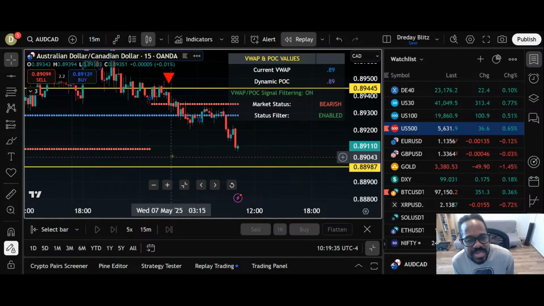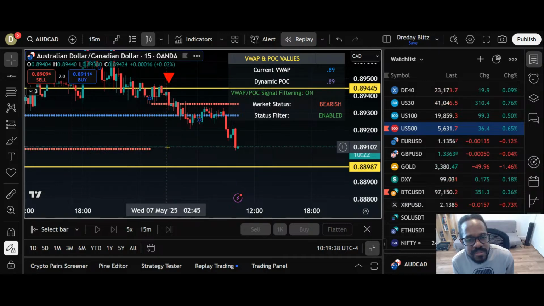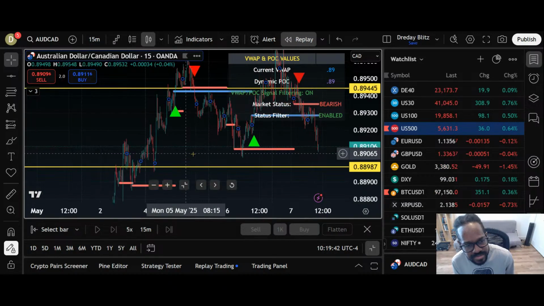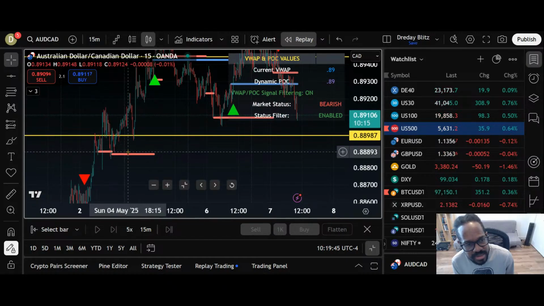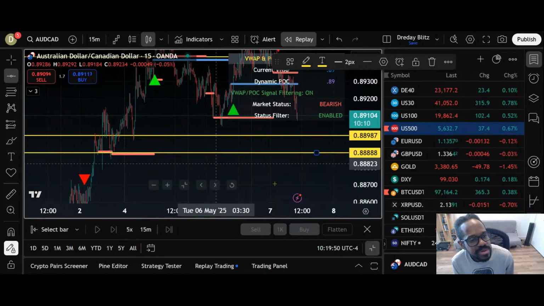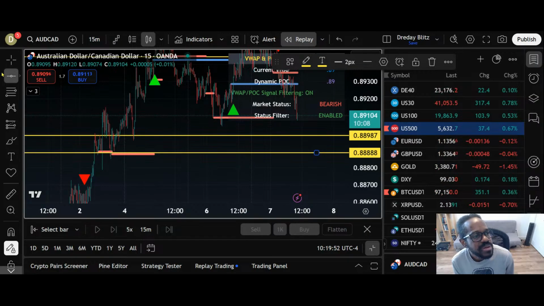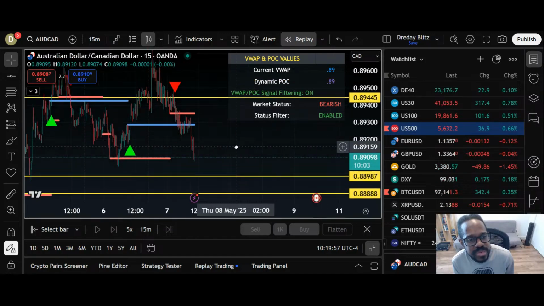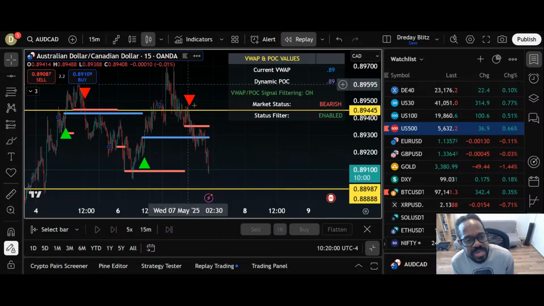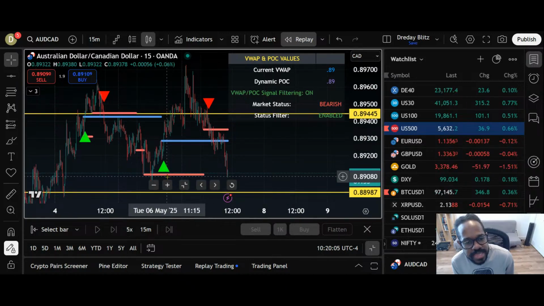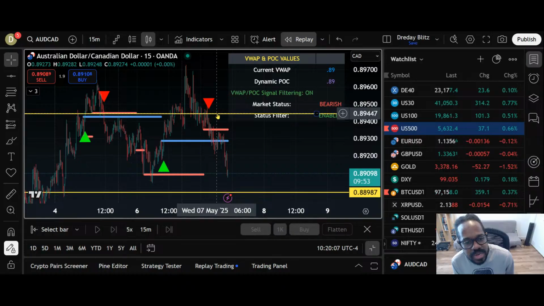As you can see, it's testing this level. We'll see if it's gonna break. If it does, that will be my next TP, and then the second one will be this one. So that will be my TP here off of that. But based off of this one, I would be already out of that trade at that point because the sell was right here.